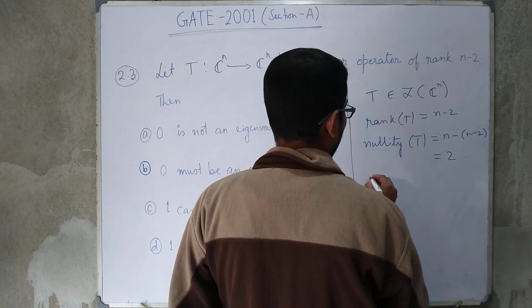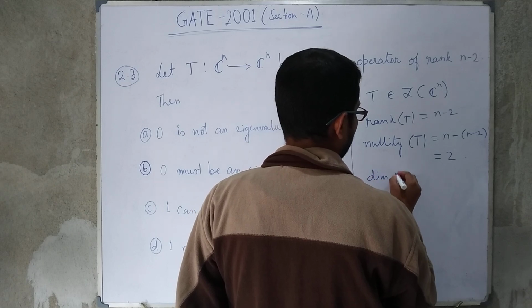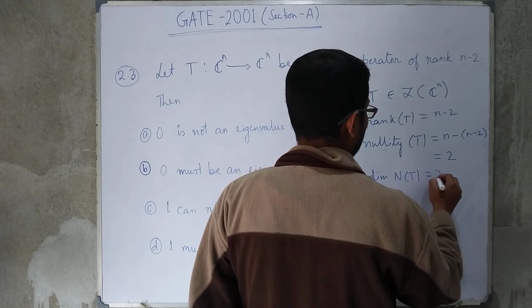So the dimension of the null space of T equals 2.